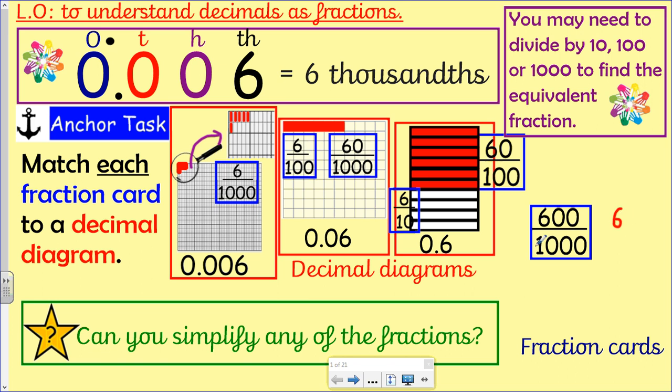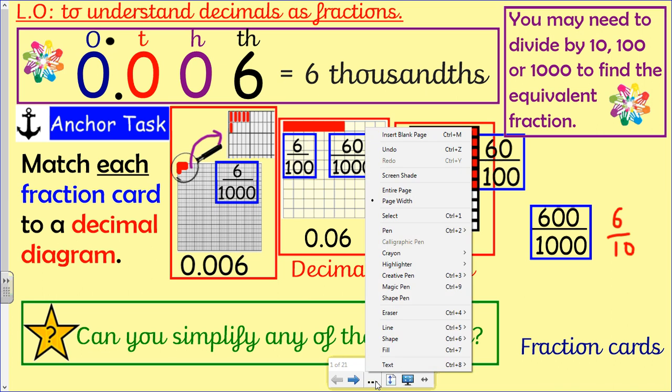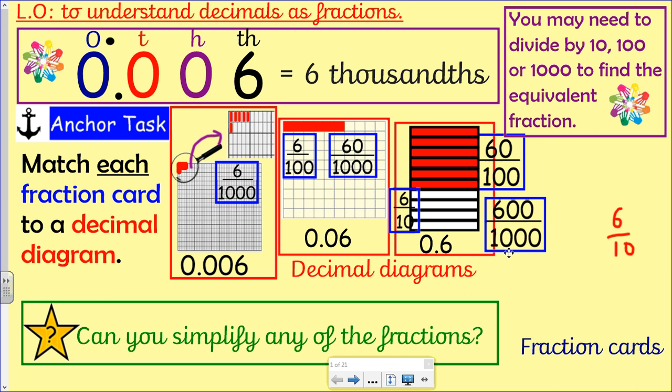I can divide the denominator by 100, so 1,000 divided by 100 will give me 10. So it isn't actually that first one. There was a little trick there. So 600 hundredths actually goes with this one. So what we've ended up with is 3 equivalent fractions for 6 tenths.